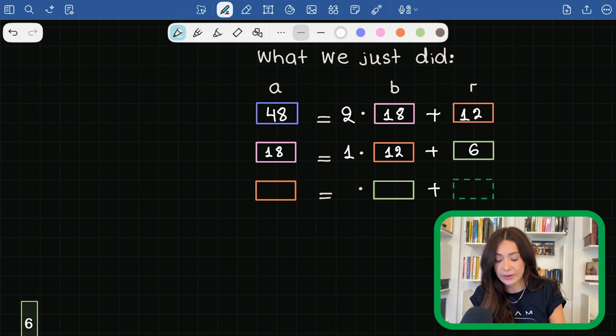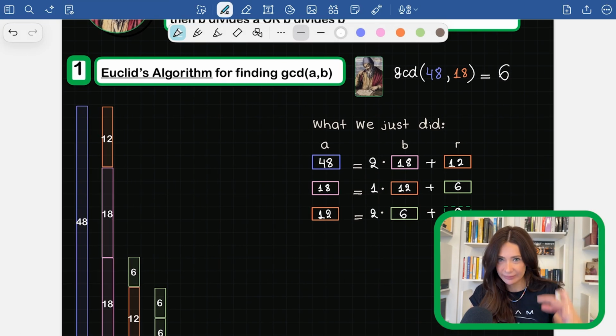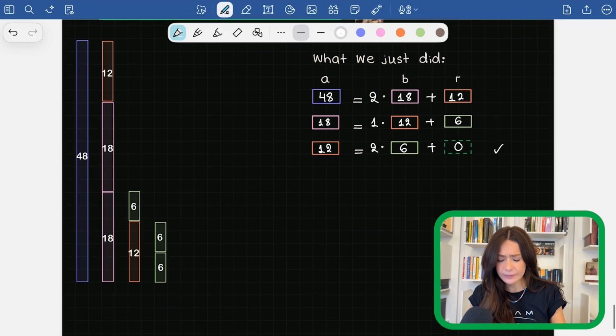Still not 0. 12 becomes our new A, 6 becomes our new B. That's exactly twice, remainder 0, and we're done. Okay? So this is what we just did, Euclid's algorithm.